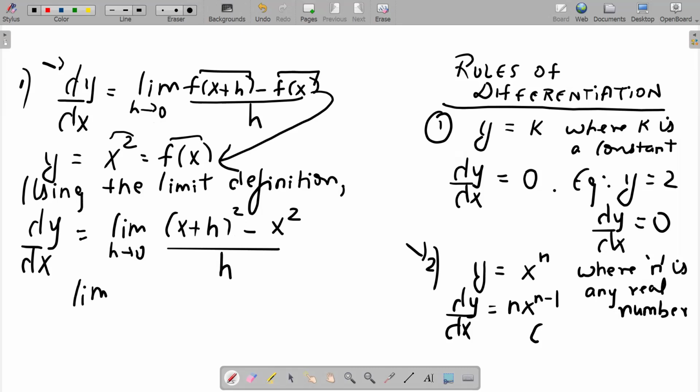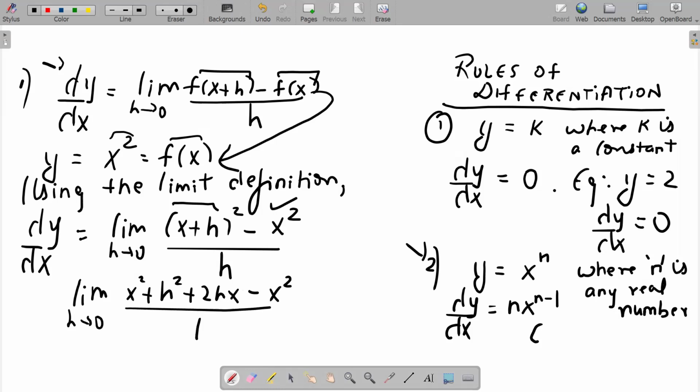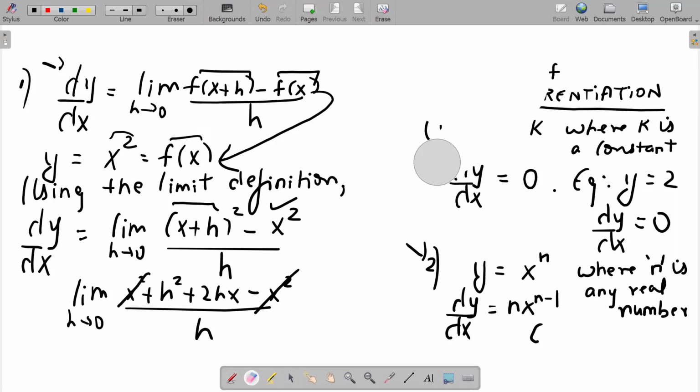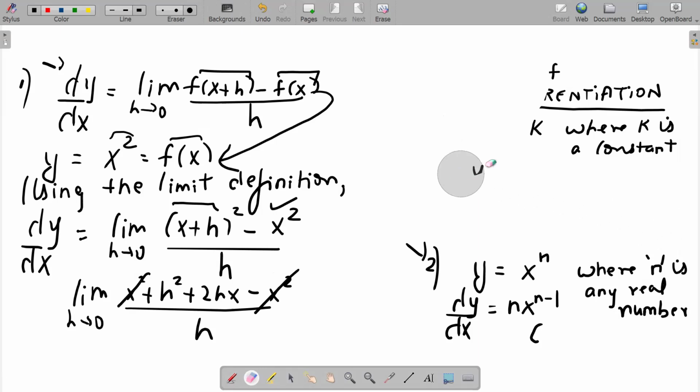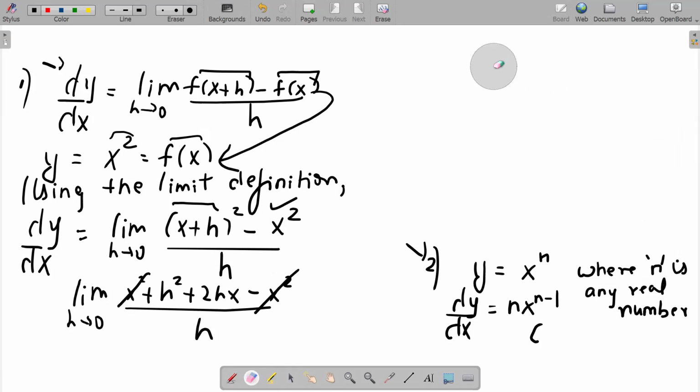If I solve for this, I can just open up (x plus h) square using the identity (a plus b) whole square. I can write it as x square plus h square plus 2hx. Then we also have a minus x square here over h. X square minus x square cancel out. Dy by dx is going to be limit as h tends to 0.